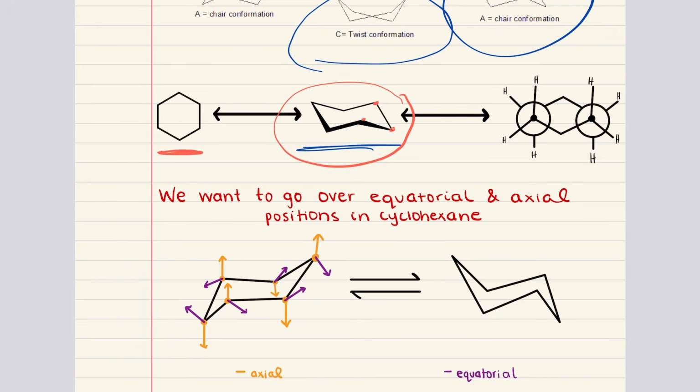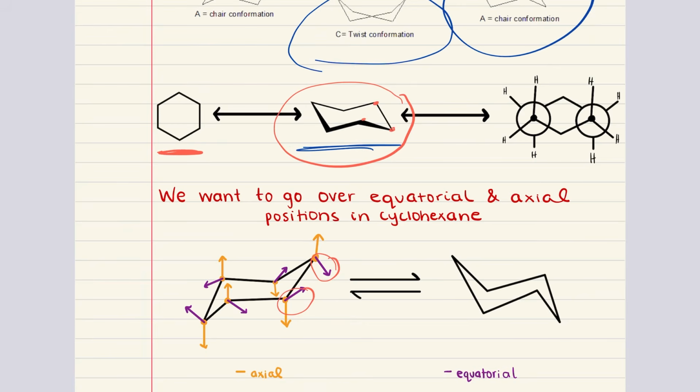Now, when substituents are added to cyclohexane, their placement significantly impacts the molecule's stability. Substituents prefer the equatorial positions whenever possible because this minimizes non-bonded strain, particularly steric interactions with axial hydrogens.